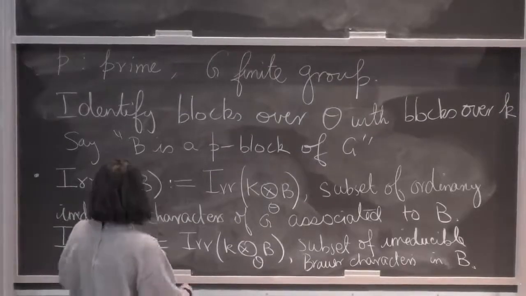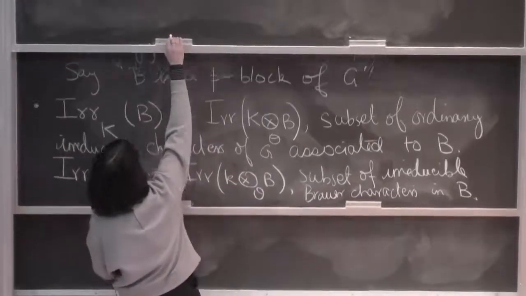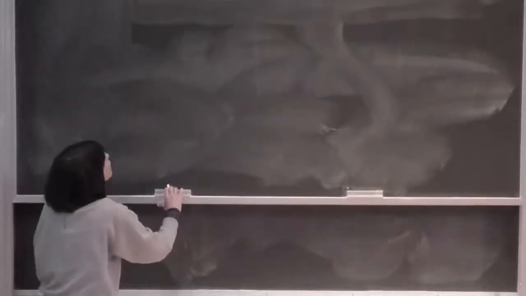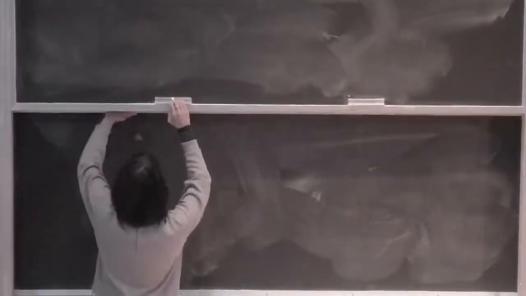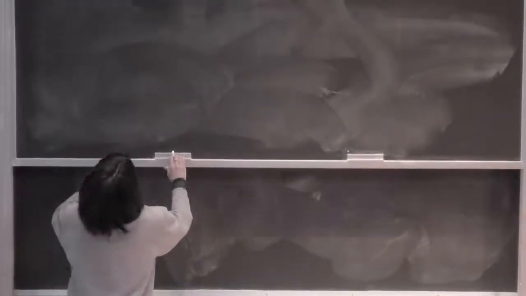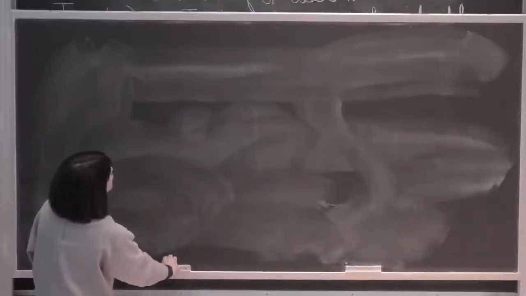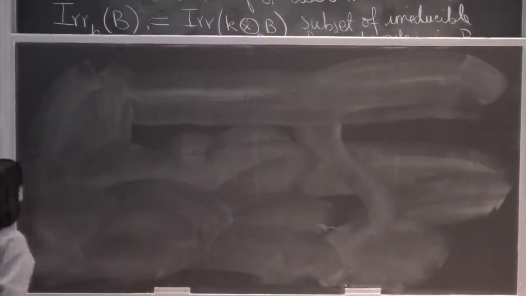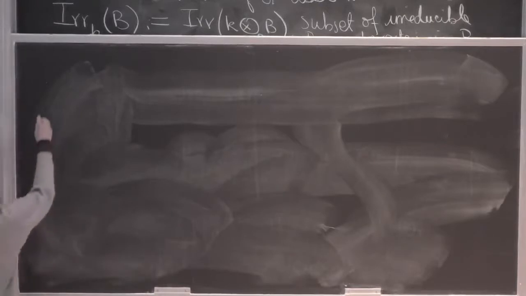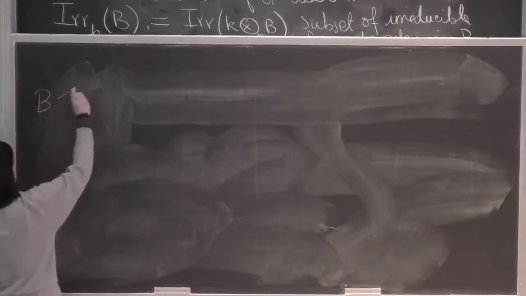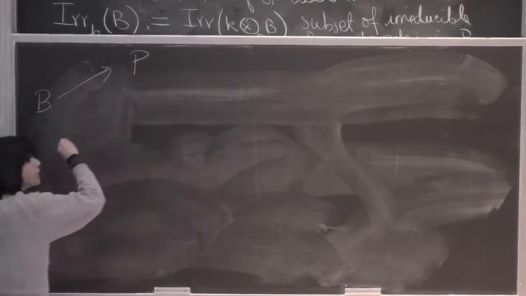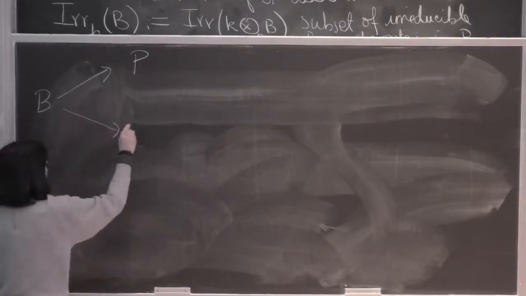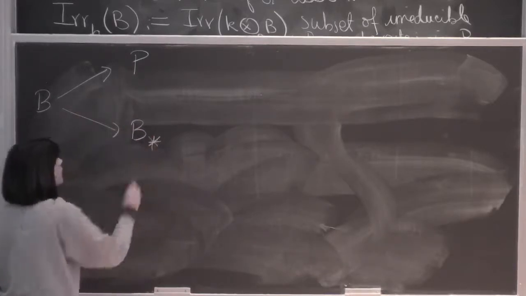Okay, and in yesterday's lecture, we started looking at the P-local information in terms of P-subgroups of G. And so we defined, for any P-block of G, a subgroup, or a class of subgroups, P, and another block, B star.